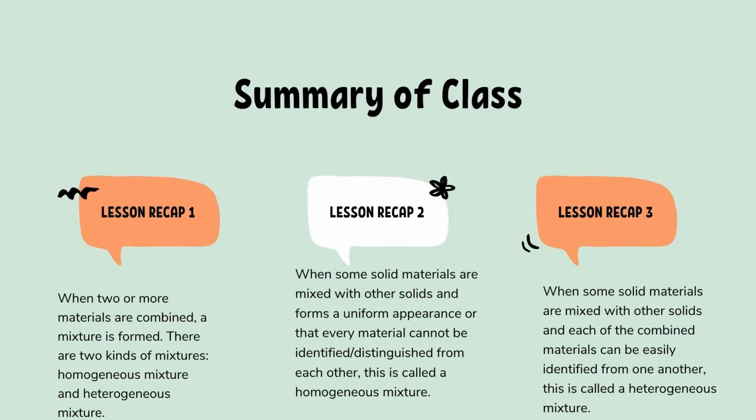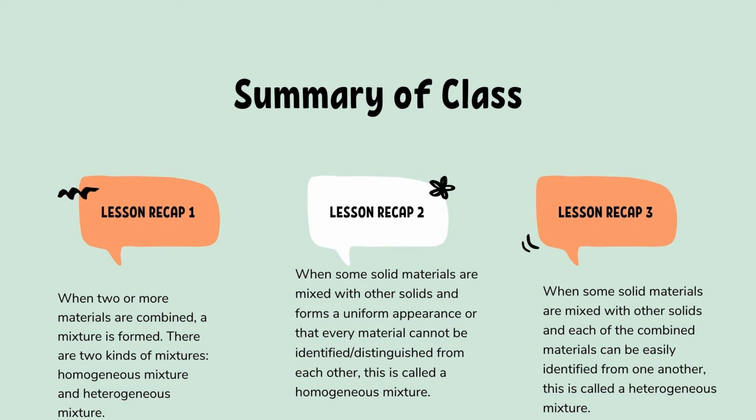Summary of class, lesson recap number 1. When two or more materials are combined, a mixture is formed. There are two kinds of mixtures, homogeneous mixture and heterogeneous mixture. Lesson recap number 2.